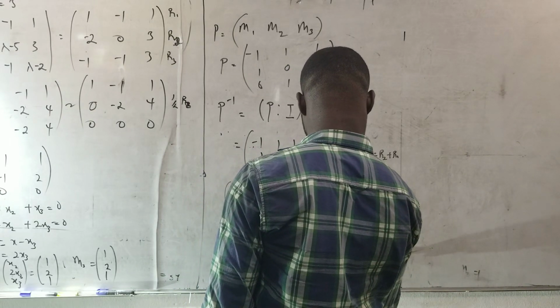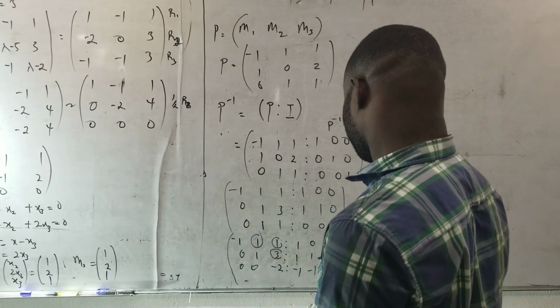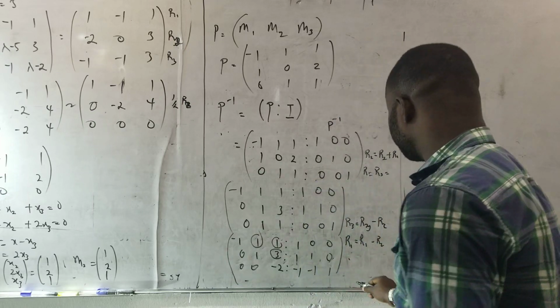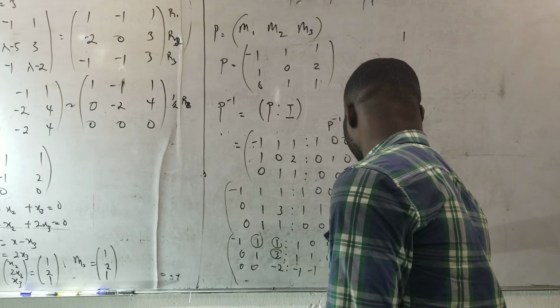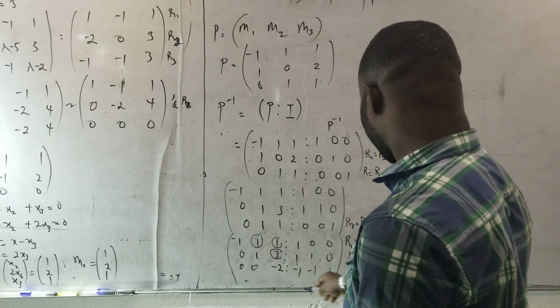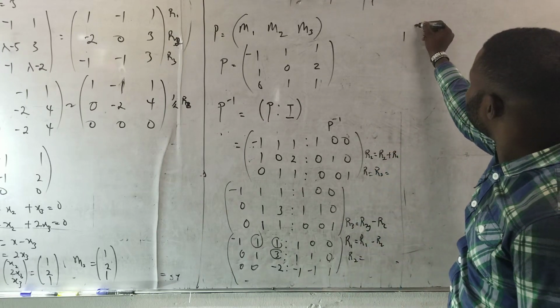And my R3, let me leave my R3 for now. I don't even have any problem with my R3. Now, it means my R2 will be equals to, let me first do this part.